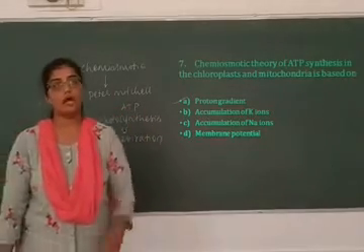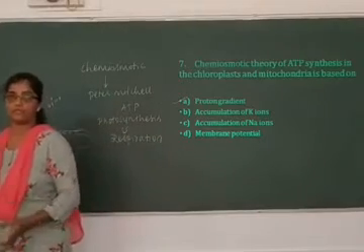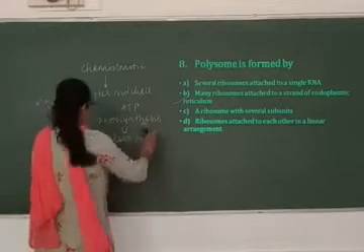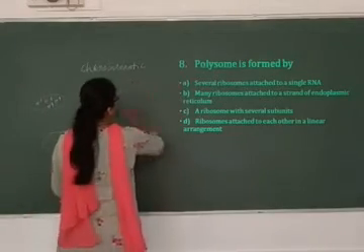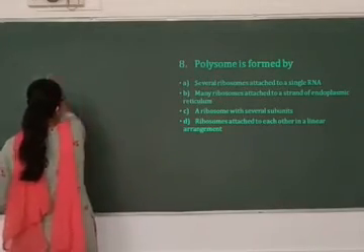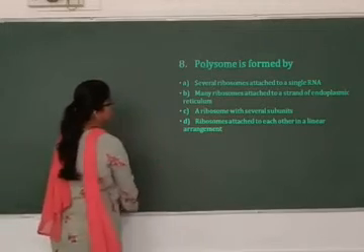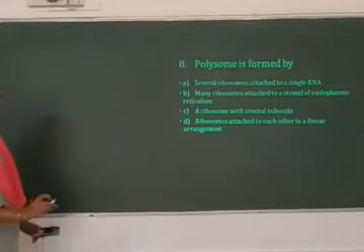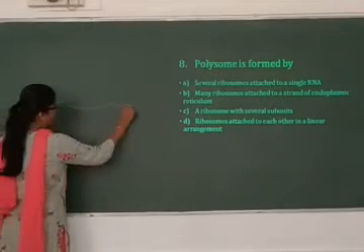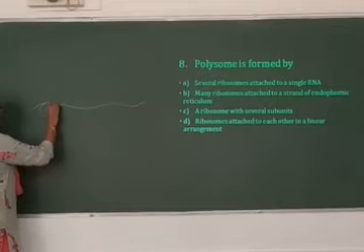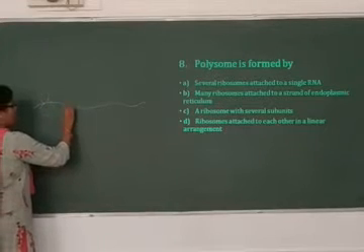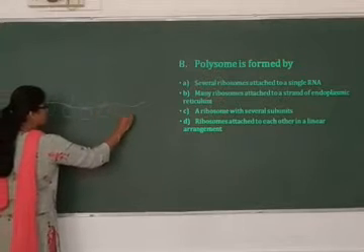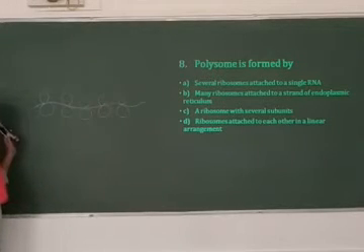We will have a detailed look at how exactly the chemiosmotic hypothesis works. The next is, polysome is formed by. Polysome is a structure where a single mRNA is bound by many ribosomal subunits during protein synthesis.